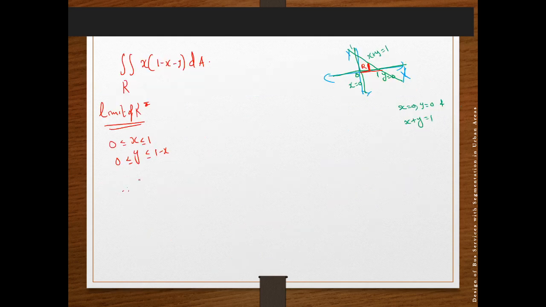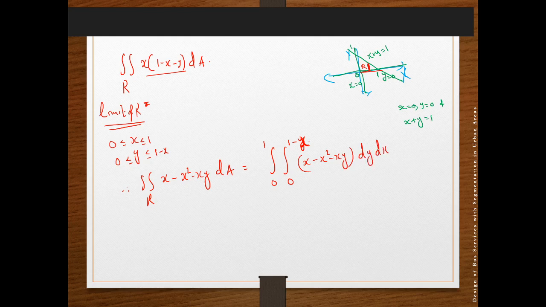So now the double integral over R of x into (1 minus x minus y) dA, if you multiply this, is equal to the integral from 0 to 1, integral from 0 to 1 minus x, of x minus x square minus xy dy dx. So now we will integrate.